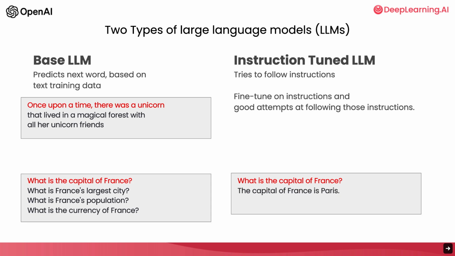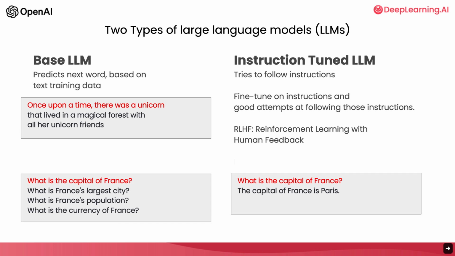So the way that instruction-tuned LLMs are typically trained is you start off with a base LLM that's been trained on a huge amount of text data and further fine-tune it with inputs and outputs that are instructions and good attempts to follow those instructions, and then often further refine using a technique called RLHF, reinforcement learning from human feedback, to make the system better able to be helpful and follow instructions.